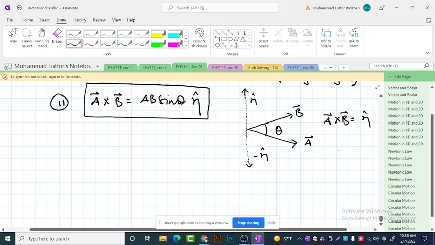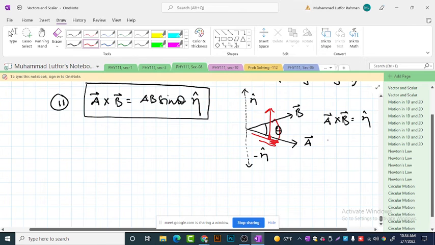So if I place my index finger, or forefinger, towards that direction, and this is my thumb over here, and I rotate this finger from the first vector to the second vector, then my thumb would be upward.